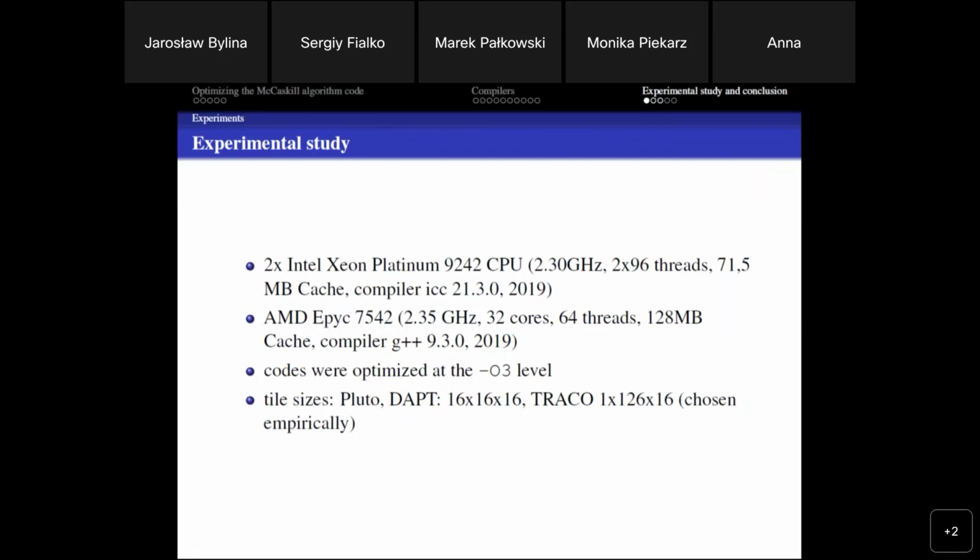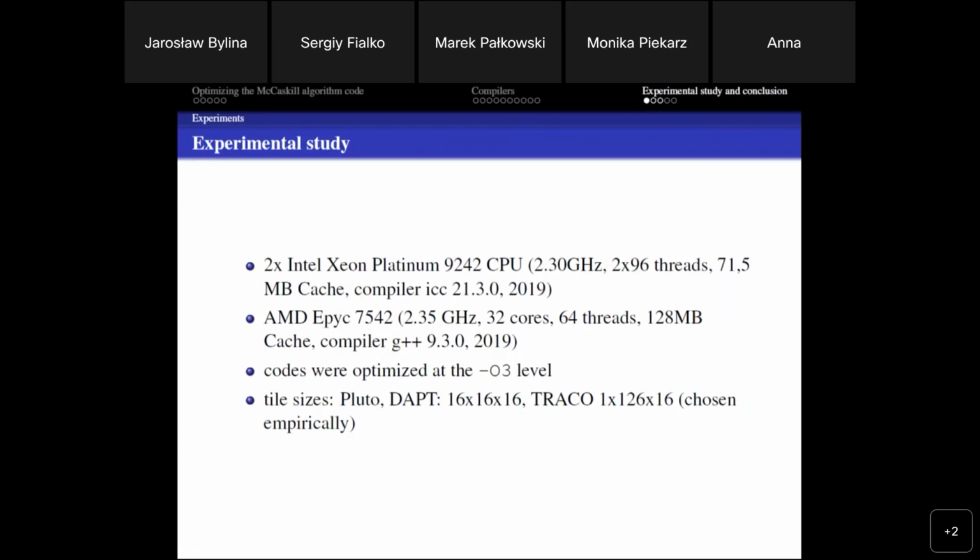But I made these experiments, and we also have the AMD EPYC, in contrast to the other processor. This processor has 32 cores with hyper-threading, so we had 64 CPU threads. And on the Intel Xeon Platinums, we could use the Intel C compiler, while with the AMD EPYC it was only G++.